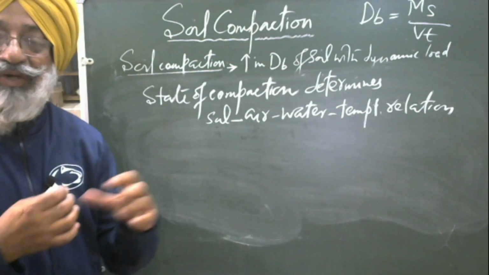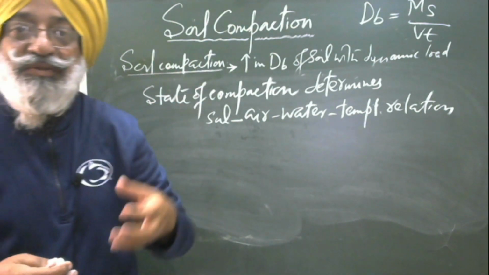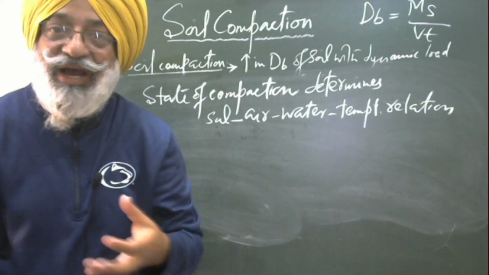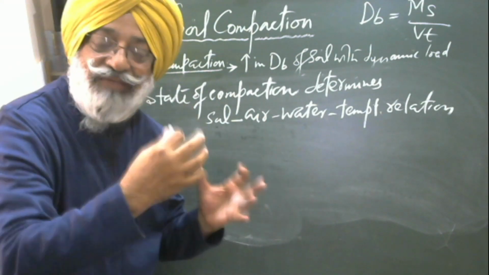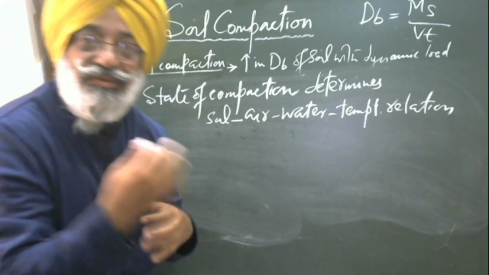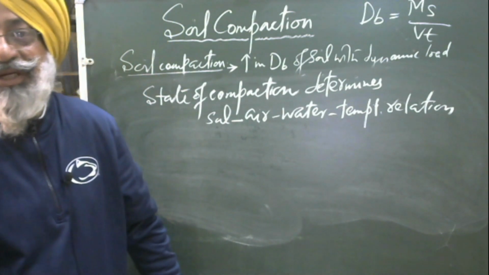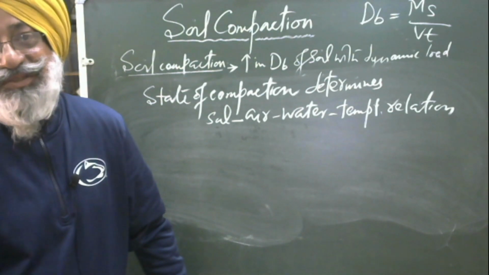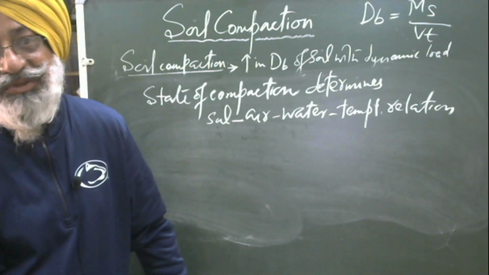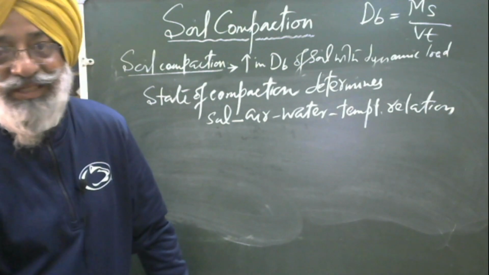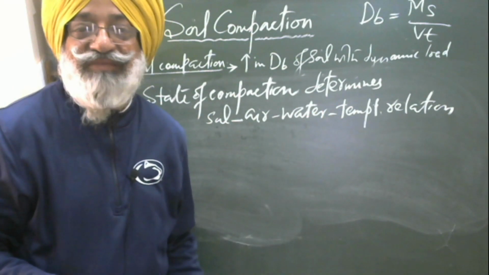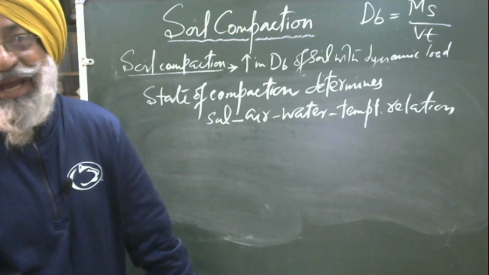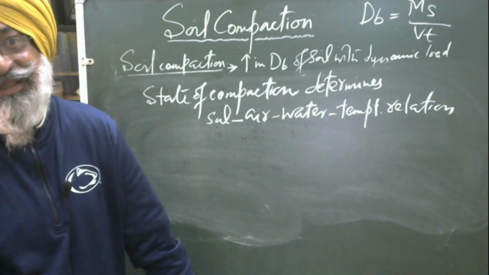If you have a compact soil, you can expect the heat conductivity to be high. Similarly, if you have compact soil, the water content will be more. So the specific heat of the soil could be higher than a dry soil, or than an uncompacted soil, or loose soil, or low bulk density soil. So this is how you can explain the significance of soil compaction in agriculture in a single line.